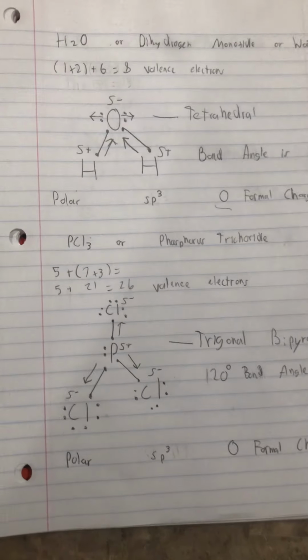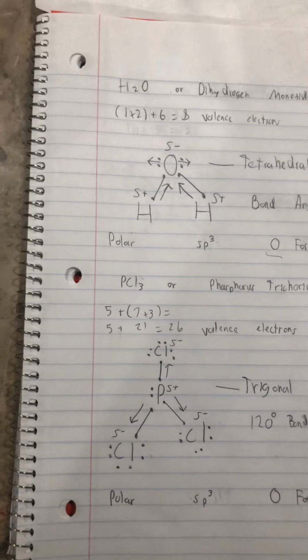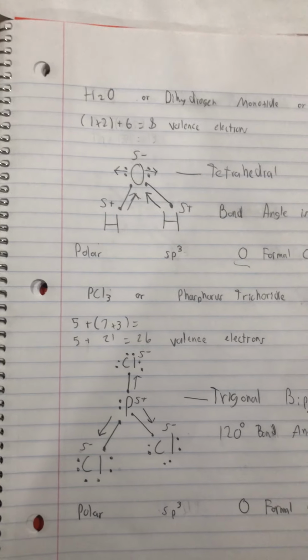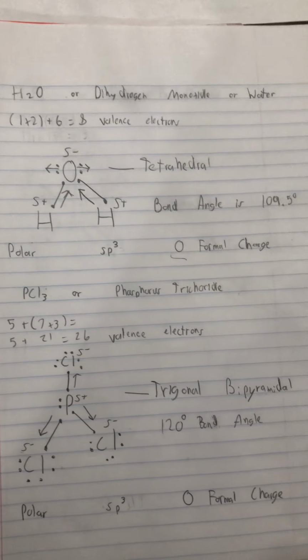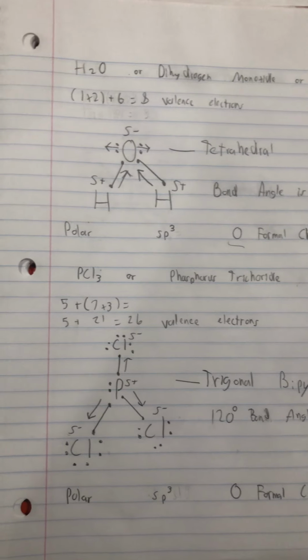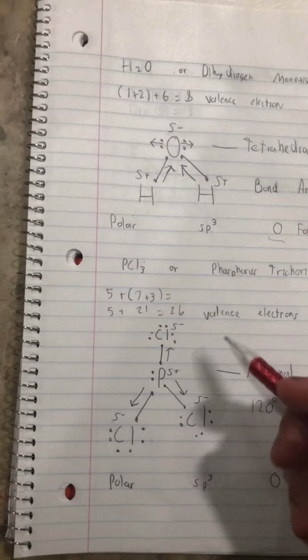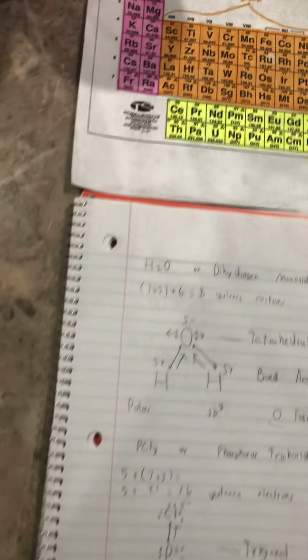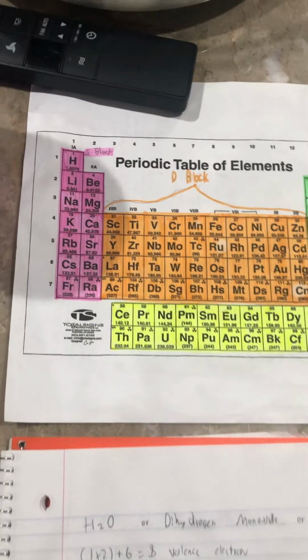Okay, so moving on to the fourth molecule, it's PCl3, or phosphorus trichloride. For here, it would be the exact same process. We go back to the periodic table.